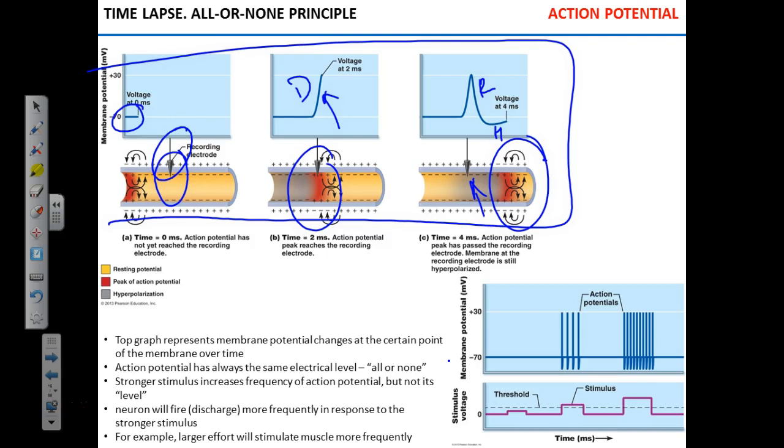Now, action potential has a very important feature. Its value is the same all the time. Same electrical level. Action potential operates on the all-or-none principle. I sometimes use the boxing analogy. Think about a knockout in a boxing match.